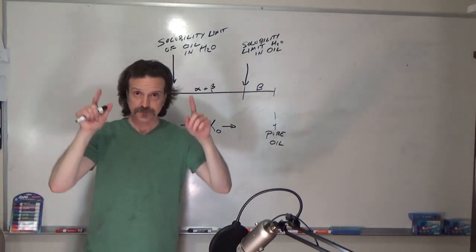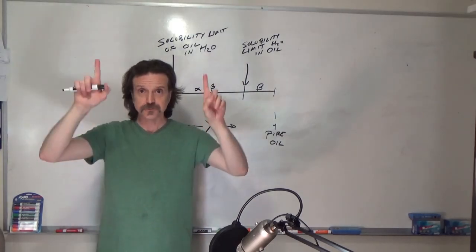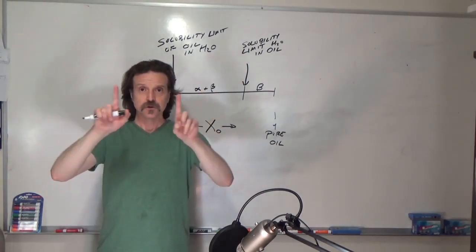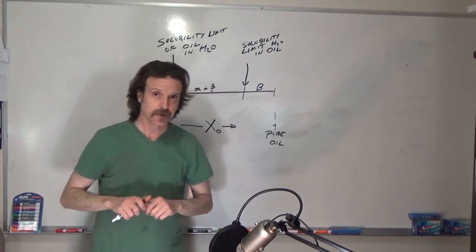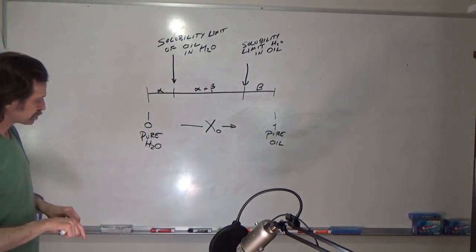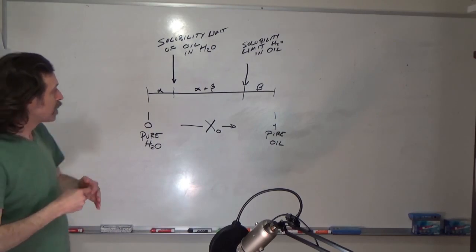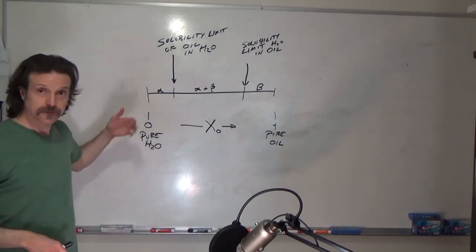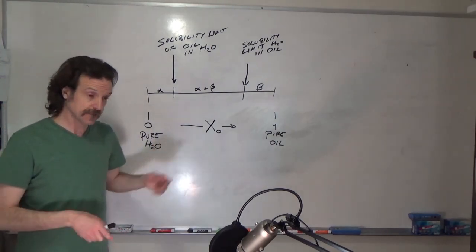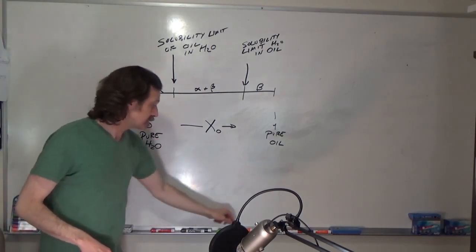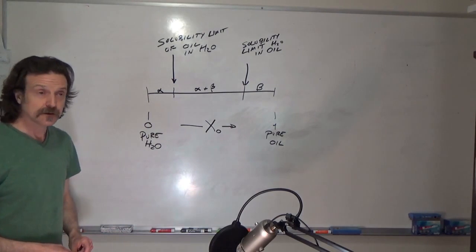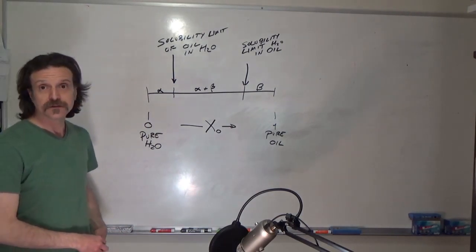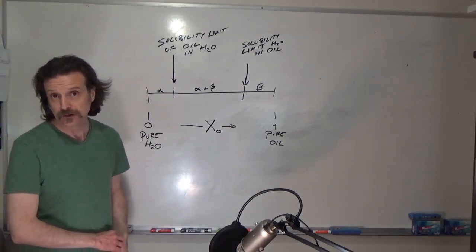Anytime that we have two single-phase regions, there's going to be between them a two-phase region. So now we have a rudimentary phase diagram. And we can start talking about this phase diagram and analyzing what the system will look like.